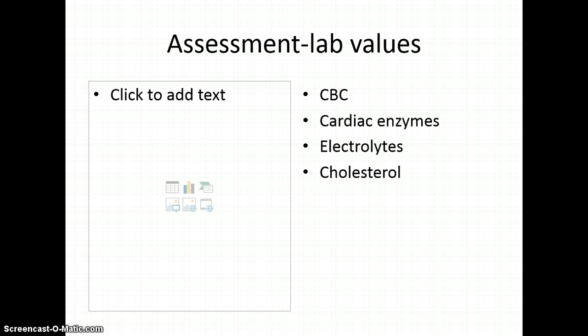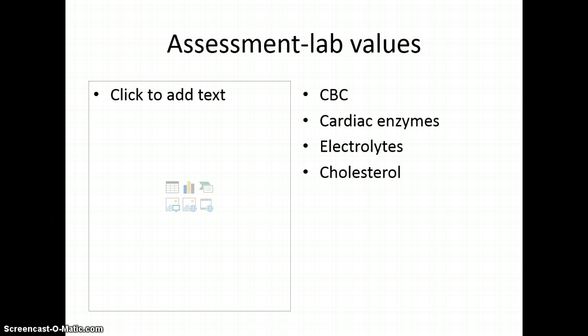Our electrolytes are very important to know for this unit because electrolytes help to keep balance in the body, and they help control the regularity of the heart. Is it in a nice PQRST or a nice rhythm? And then cholesterol adds to atherosclerosis and hardening of the arteries, and it makes circulation much more difficult.